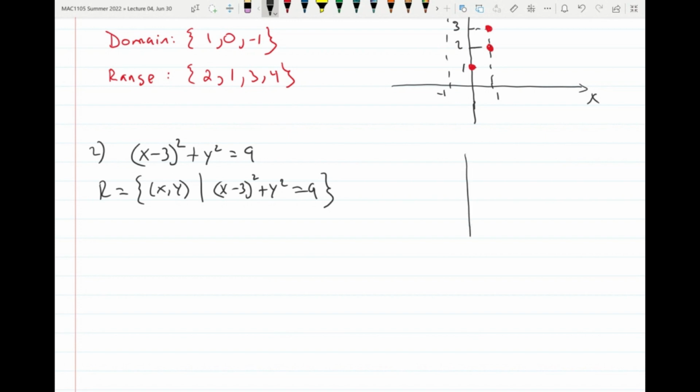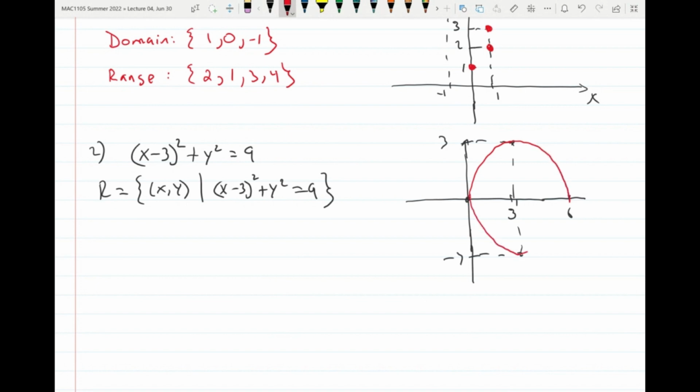Okay, good. So in other words, what are the ordered pairs? So (3, 0), let's say 3 is here, that's the center. Then we go here, (3, 3), and (6, 0), and (3, -3). So we're talking about all of these points, all the points on this circle.